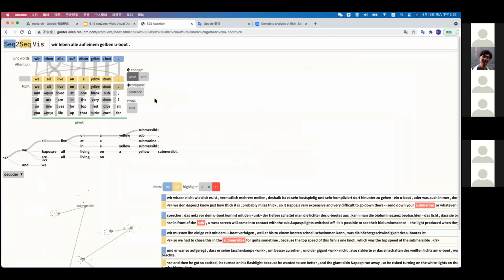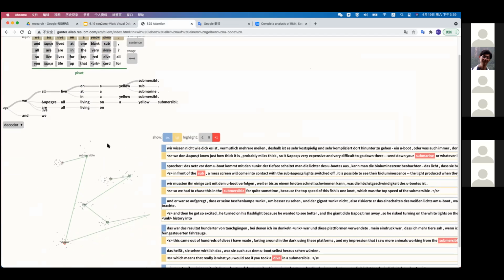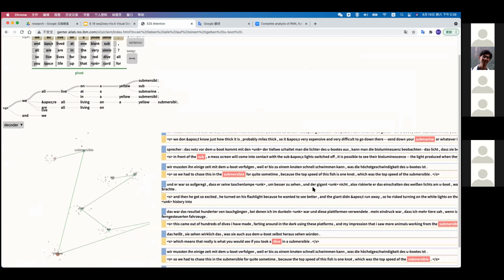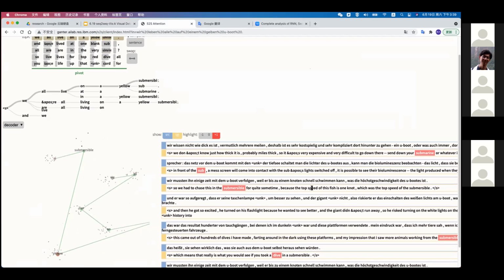Maybe the decoder part. Yeah, so how to check whether? Because if you look at its neighbor, some of the time its neighbor has the submersible, some of the time it has submarine. So the decoder cannot distinguish these 2 words.